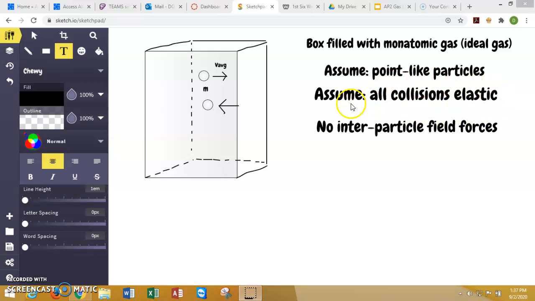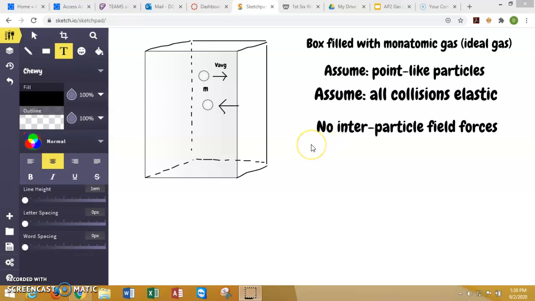The collisions are all elastic, if you remember back from AP1 what that means. Elastic collisions: kinetic energy is conserved. And there are no interparticle field forces, so they're not pulling on each other in any sort of way.